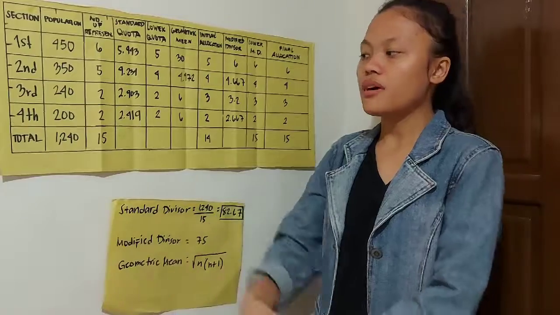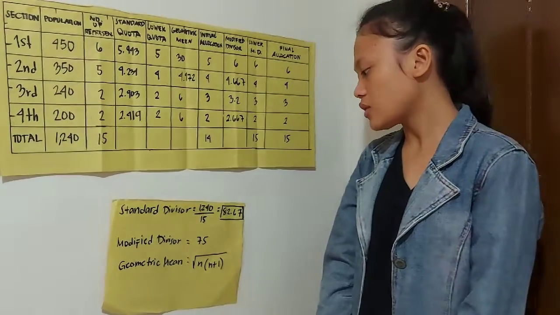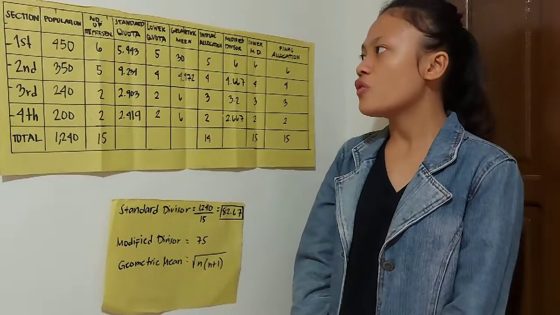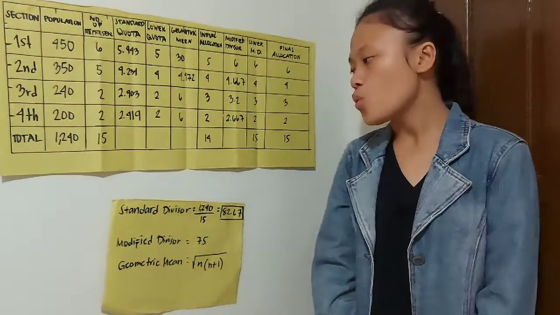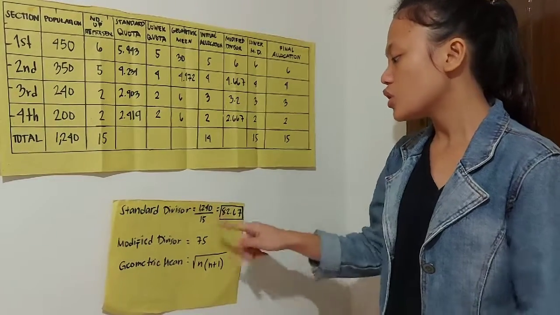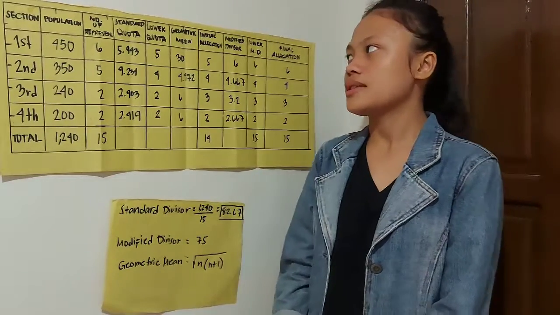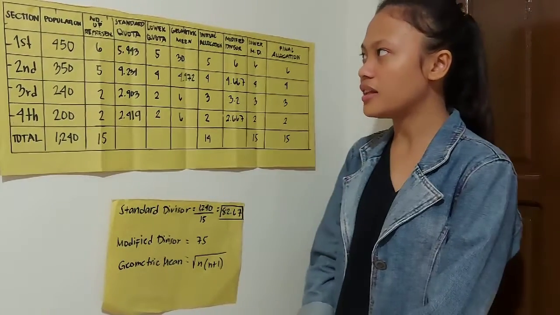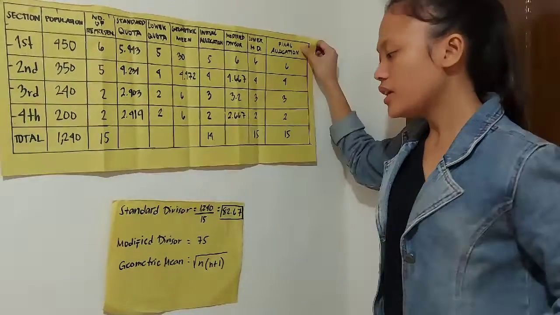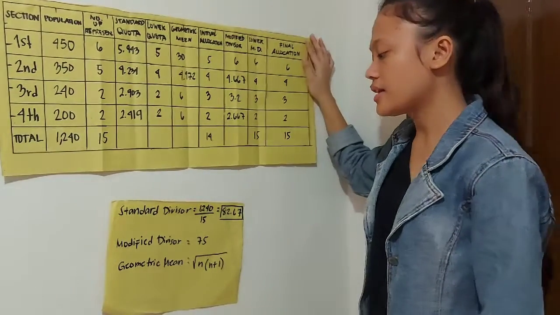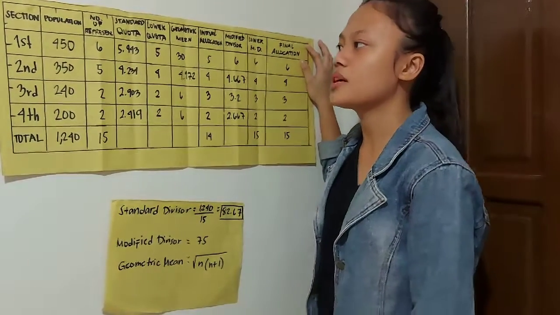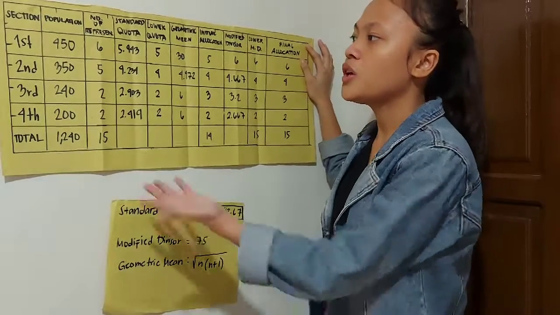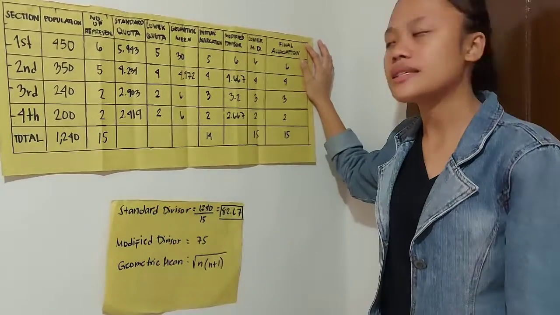The total population is 1,240 over the number of representatives, which is 15, equals 82.67. Now, in finding the standard quota, we need to divide the given population of each section by 82.67.